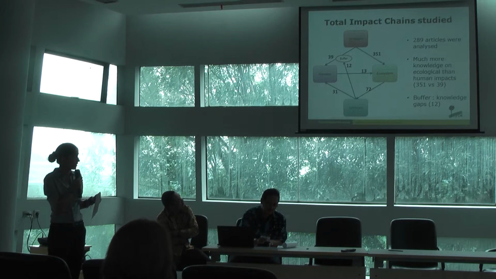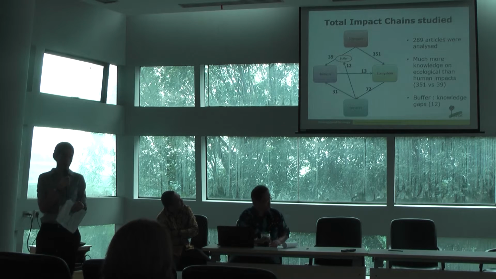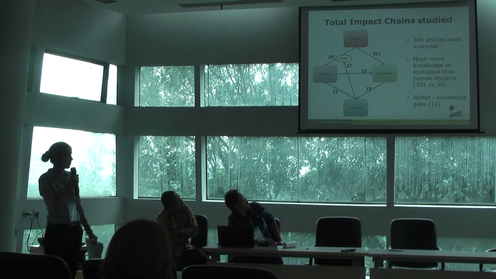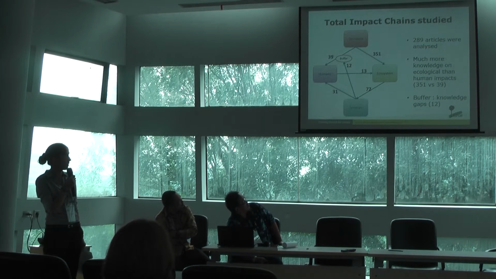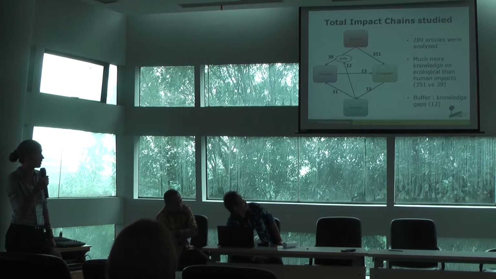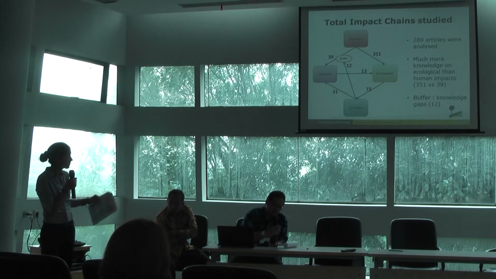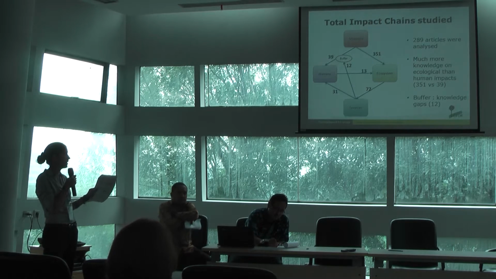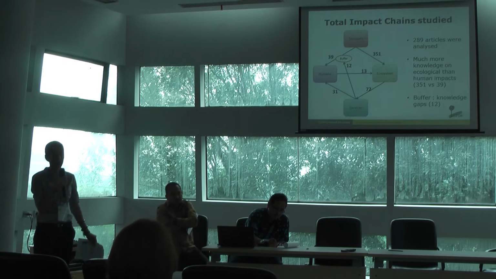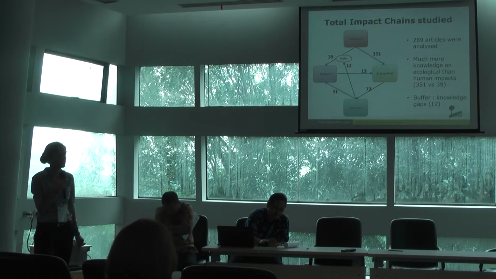So as I said earlier, our study was a global literature review, and there are clear gaps in the knowledge. Out of 289 articles, there were mentions of stressors directly affecting ecosystems 351 times, whereas for the stressor affecting humans directly there were only 39 examples.